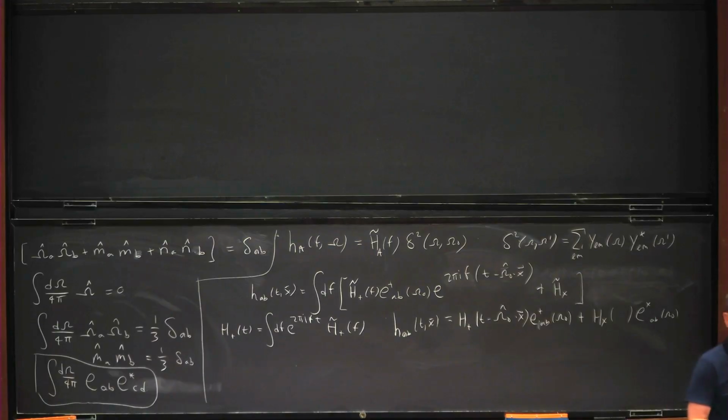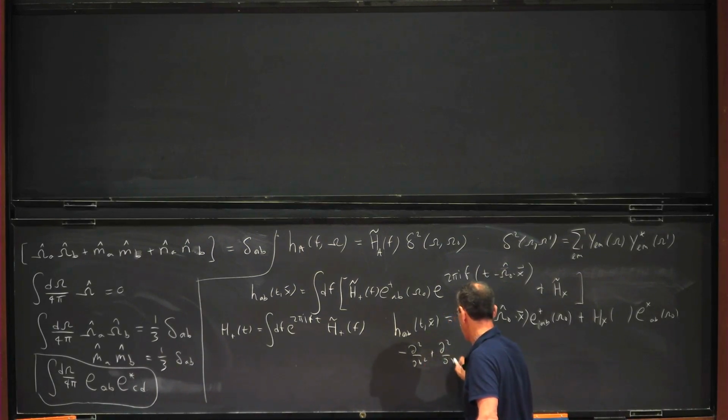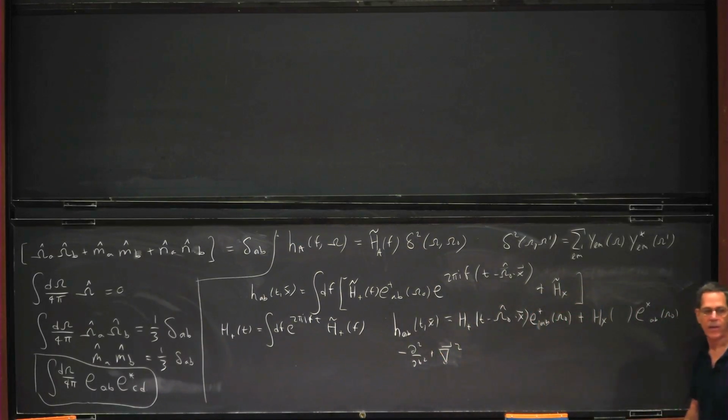And by the way, there are lots of obvious properties of this. For example, it's obvious that this solves the wave equation. If I take minus d squared by dt squared plus grad squared and apply this operator to that, you can see what happens.